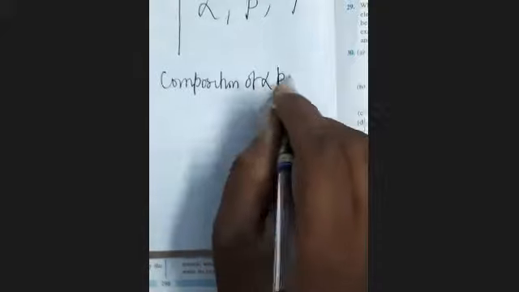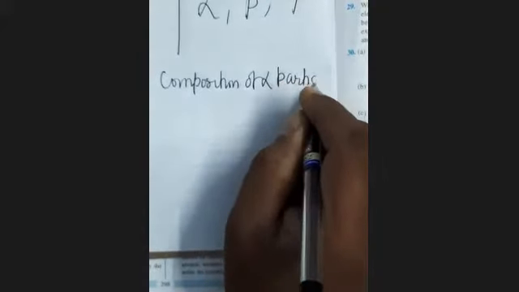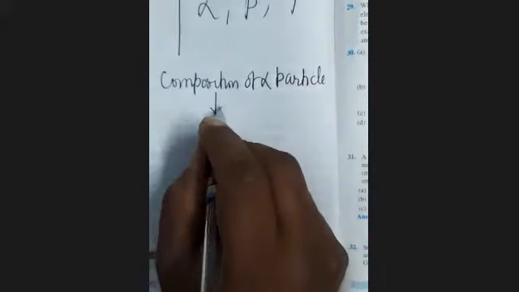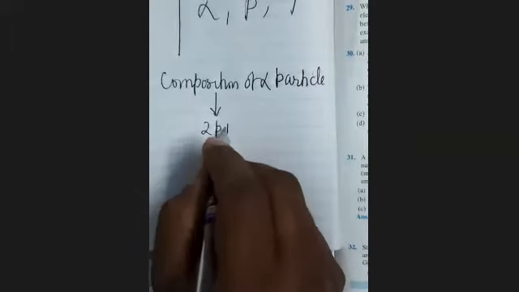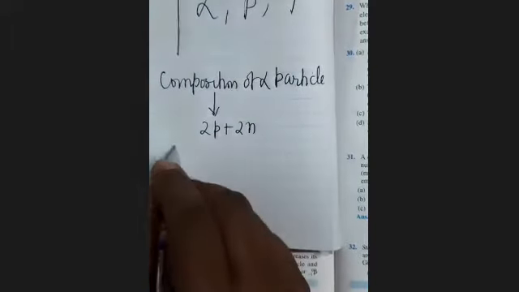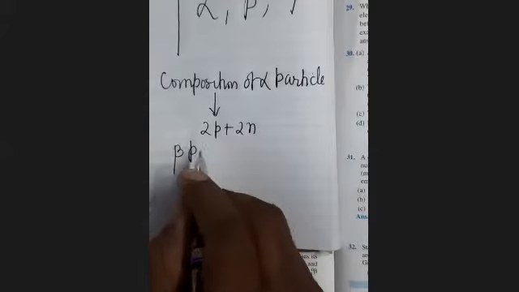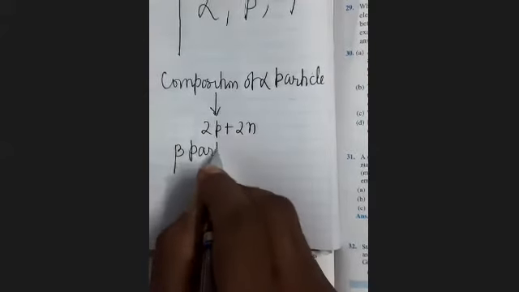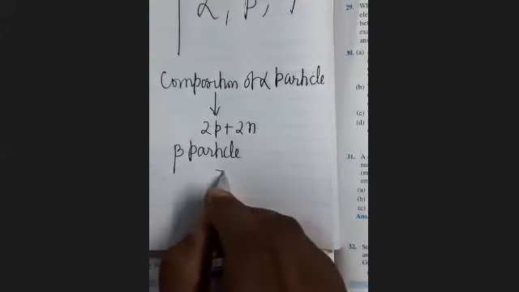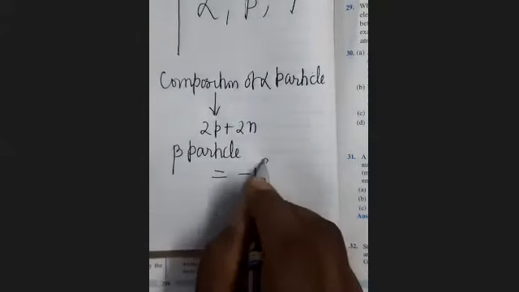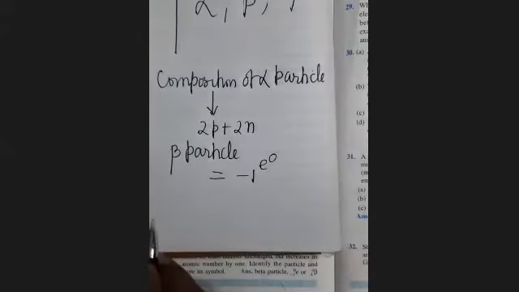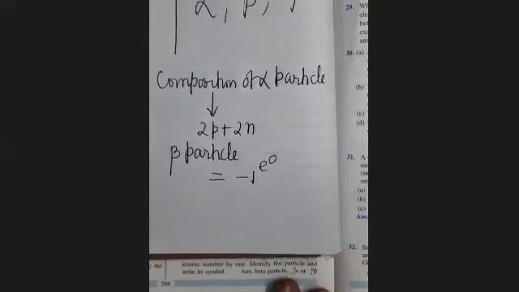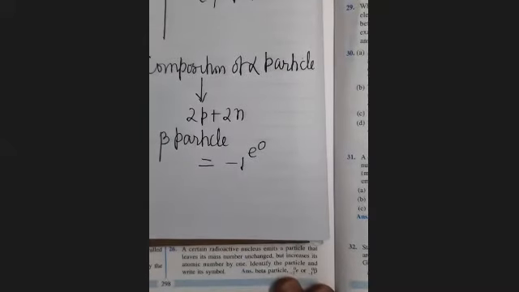Alpha particle consists of 2 protons and 2 neutrons. Beta particle is a fast moving stream of electrons. And gamma radiations don't consist of any particle. These are electromagnetic radiations.